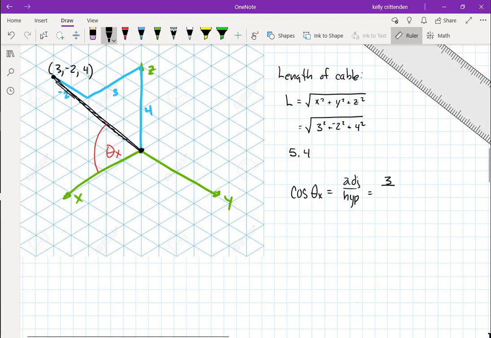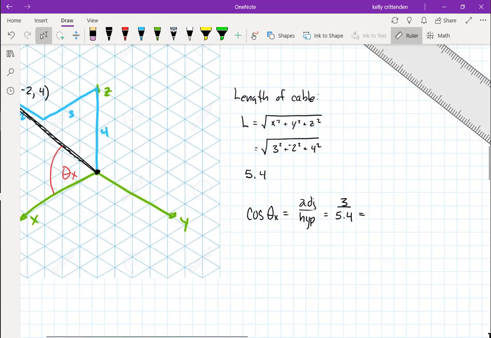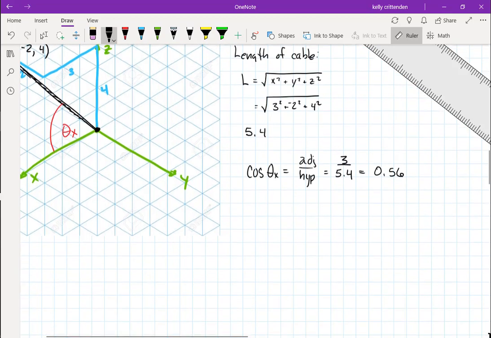The hypotenuse is the length of the cable, 5.4. So this actually is a number, 3 divided by 5.4, which is 0.55 repeating. So 0.56. So that's useful. I'm going to do that for each one.